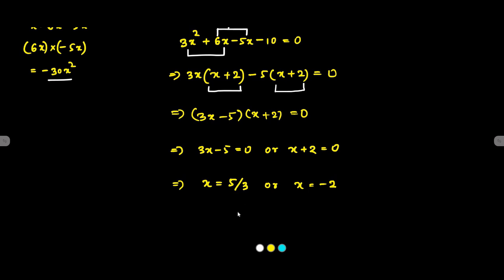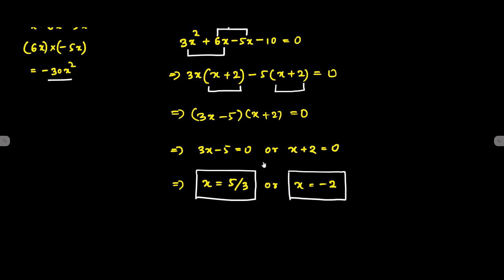These are the two roots or solutions of the quadratic equation. x can be 5/3, that is one solution, or x is equal to −2, that is the second solution. So −2 and 5/3 are the roots of the given quadratic equation.